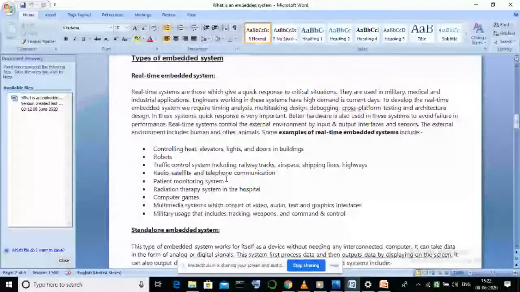Real-time systems are those which give a quick response to a critical situation. They are used in military, medical, and industrial applications. These systems have high demand in current days. Basically, examples include controlling heat, elevators, lights, doors in buildings, robots, and traffic control.